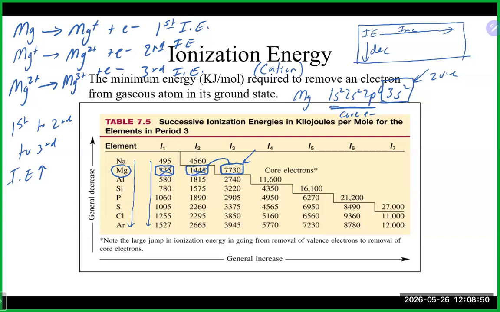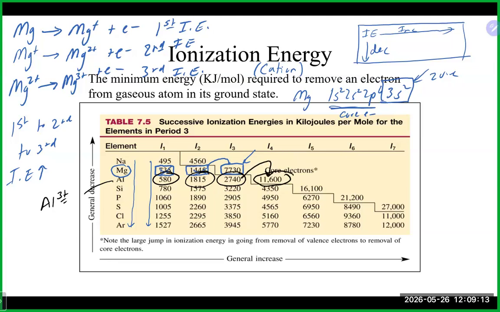That's also why something like aluminum will stop at a +3 charge, because to remove the first one, 580, not too bad, kind of doubling or so to 1800. Again, getting harder to do, up to 2700 on the third one. And then from the third one to the fourth electron, it is a giant jump.